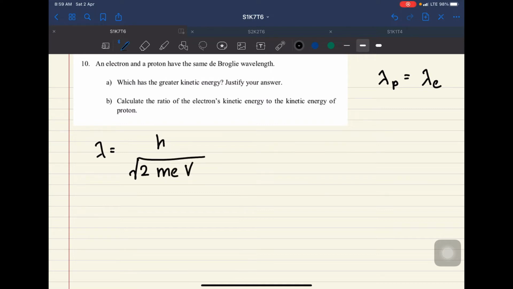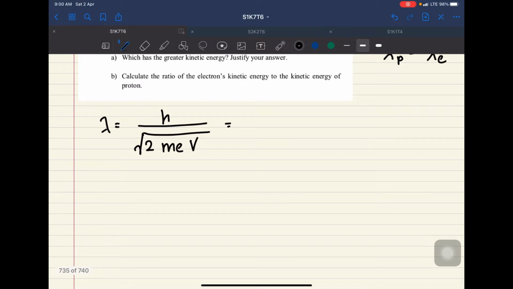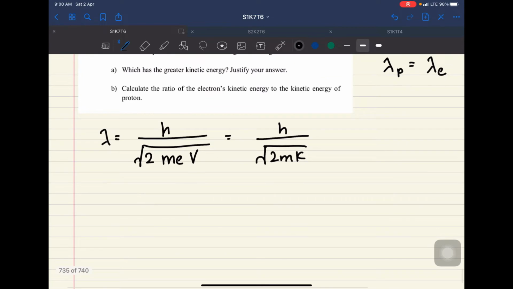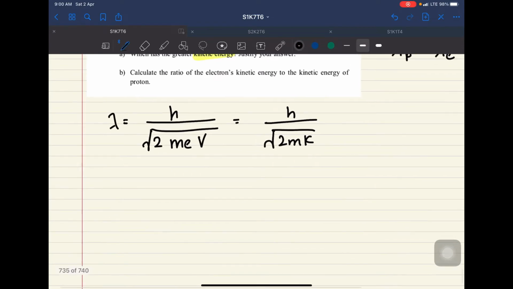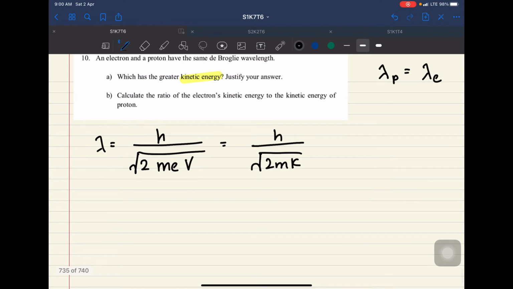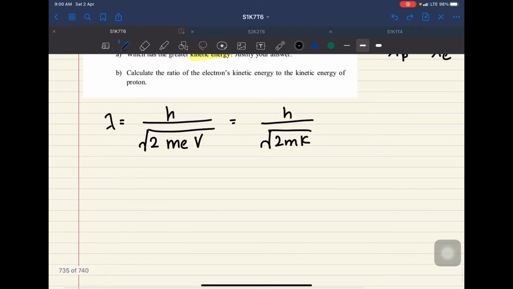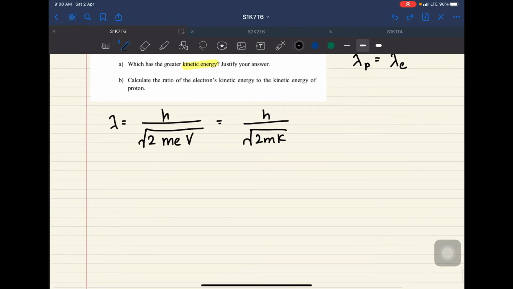Okay, then the eV you can replace with K, so it becomes h over square root of 2mK. M is the mass, K is the kinetic energy, because you want to relate with the kinetic energy over here. So if I use this statement that lambda p equals lambda e, then I can write it down like this.